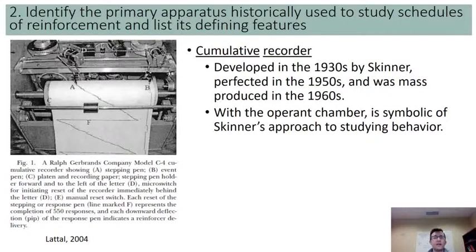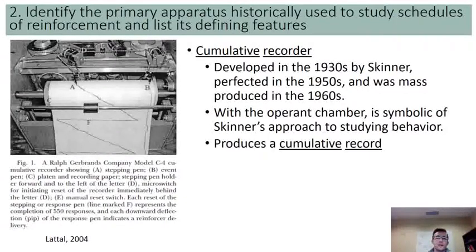But what we haven't talked about is how responses emitted in the operant chamber were recorded, graphed, and observed over time. With the operant chamber, the cumulative recorder is very much symbolic of Skinner's approach to studying behavior, and the two are linked in that way.